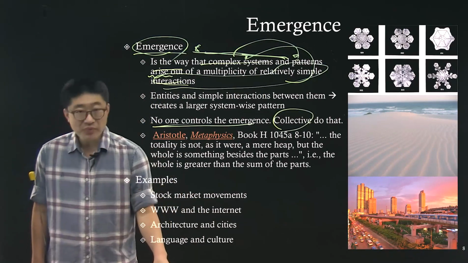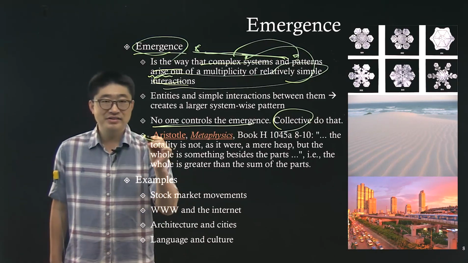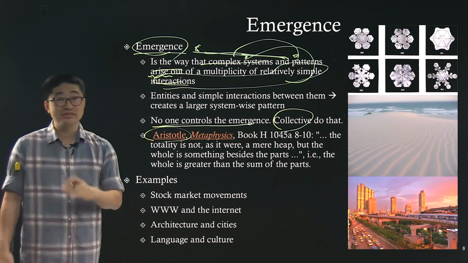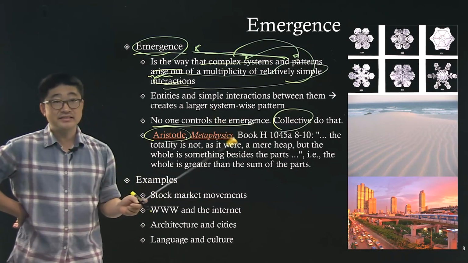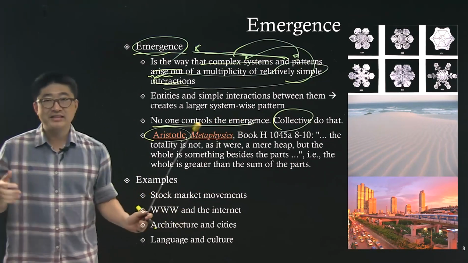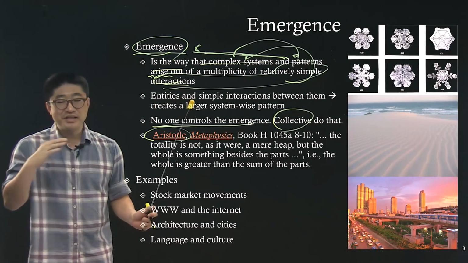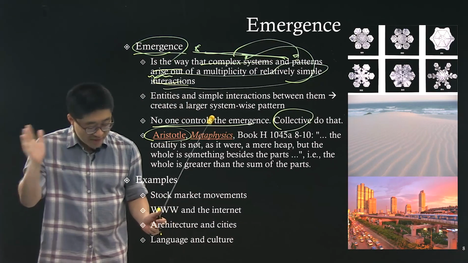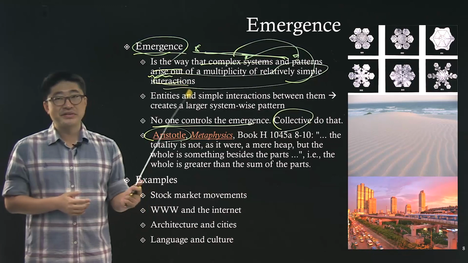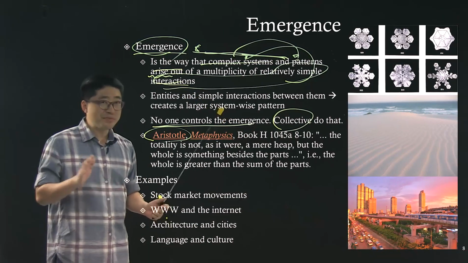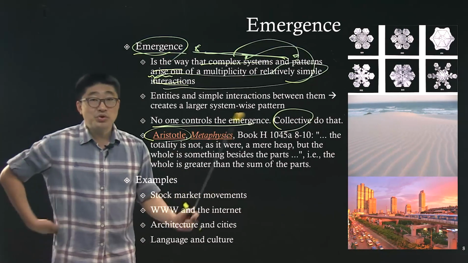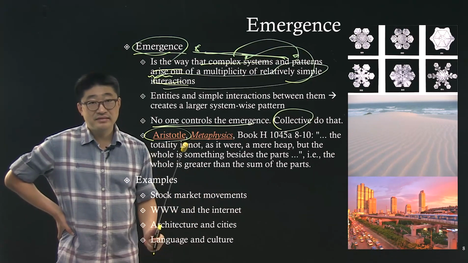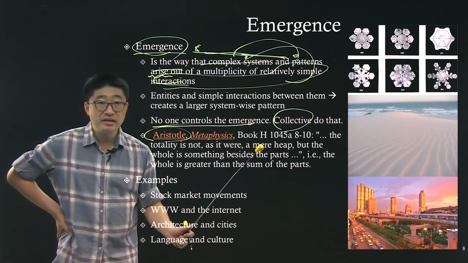So I want to quote Aristotle here. Okay? Aristotle wrote his book Metaphysics and said this. It's an ancient language translated into English, so its translation is difficult to follow, but let's read it out. The totality is not, as it were, a mere heap.